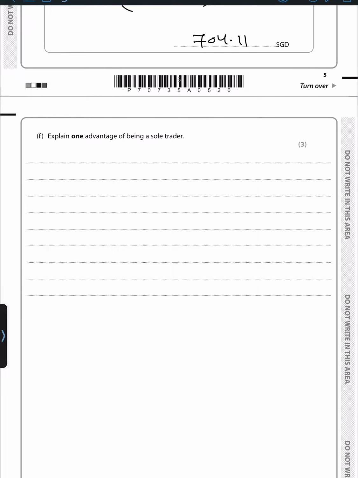So being a sole trader is basically when you're the single owner of the business. So one advantage of being a sole trader is that they have full control of their business. So how is it beneficial that they have full control of their entire business? This means that they can run the business however they want.